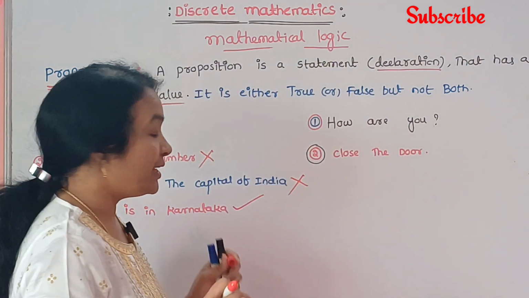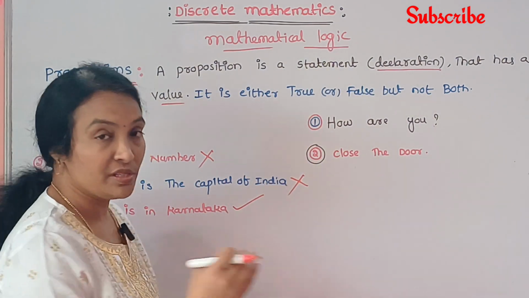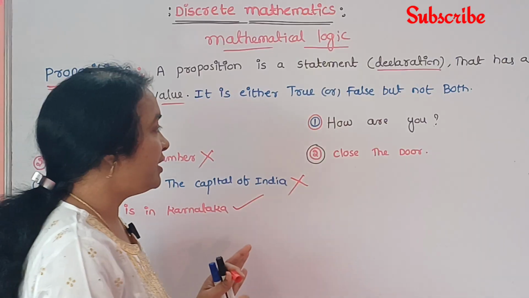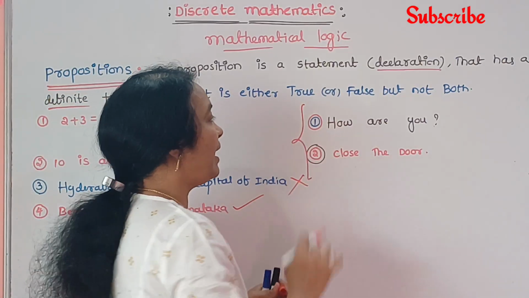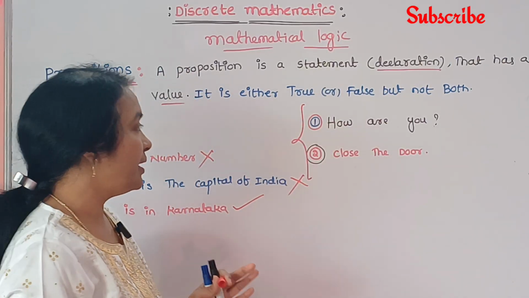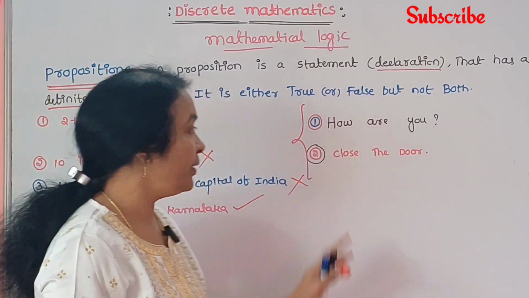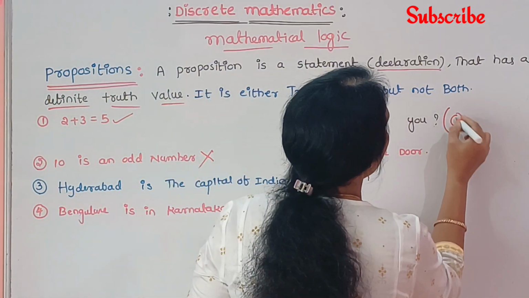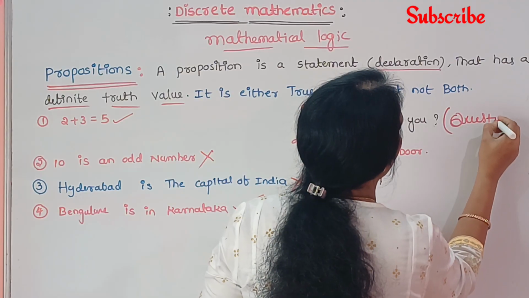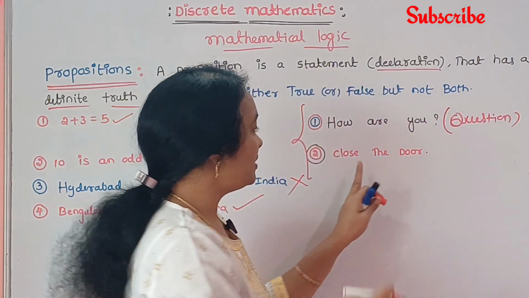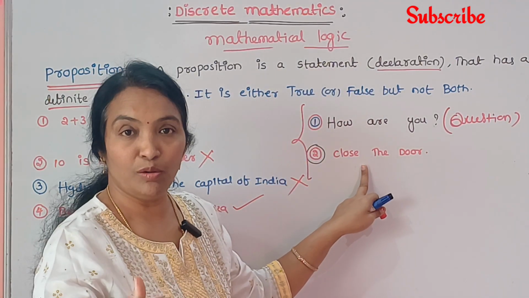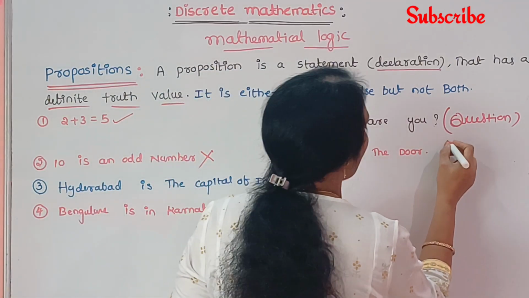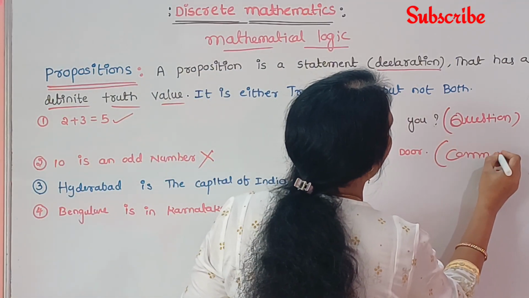Once you understand the proposition, then connectives are very easy to solve. Let me know whether these two are propositions or not. Tell me, how are you? How are you means this is a question. This declares a question. And what about the second one? Close the door. Close the door means this is an order or command, right?